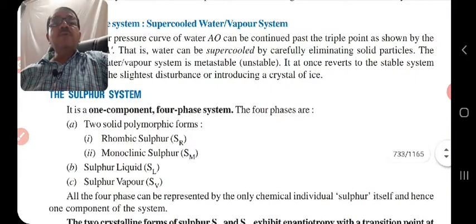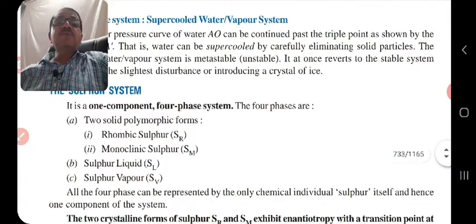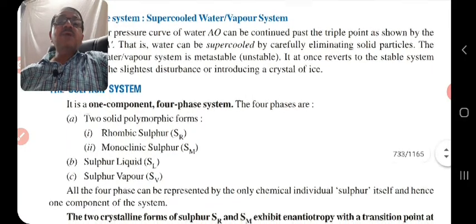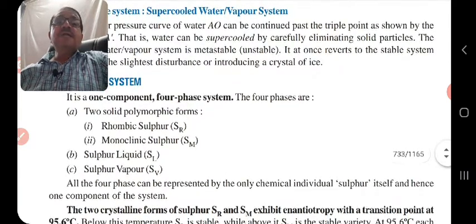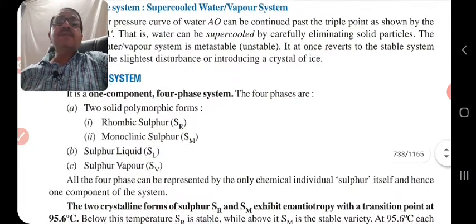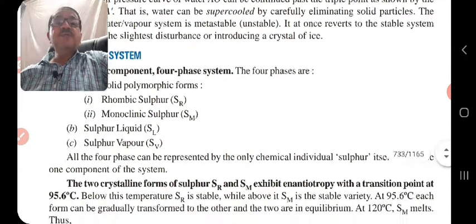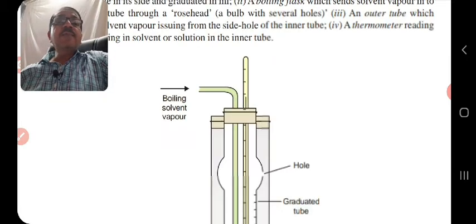So two solid polymorphic forms, rhombic sulfur denoted by Sr, monoclinic sulfur denoted by Sm, then sulfur liquid denoted by Sl, sulfur vapor denoted by Sv. All the four phases can be represented by the only chemical individual sulfur itself, and hence one component of the system. Now, to understand the sulfur system, let us see the diagram part of this.